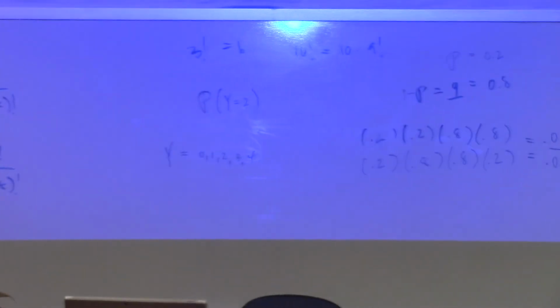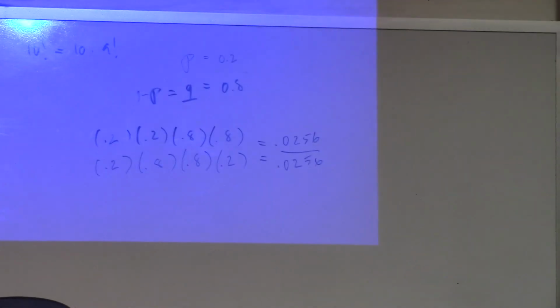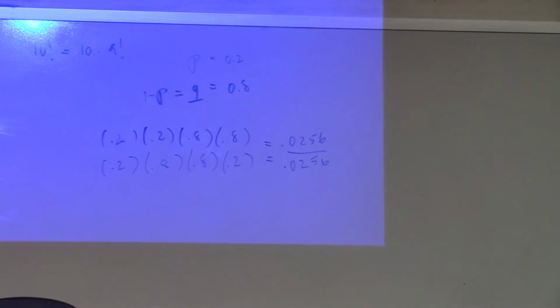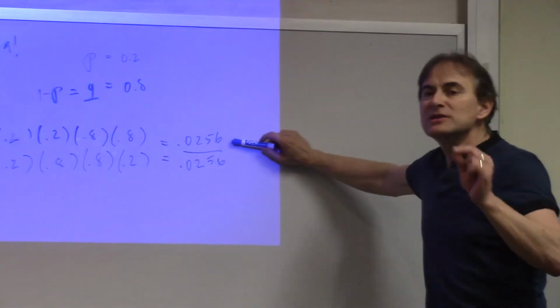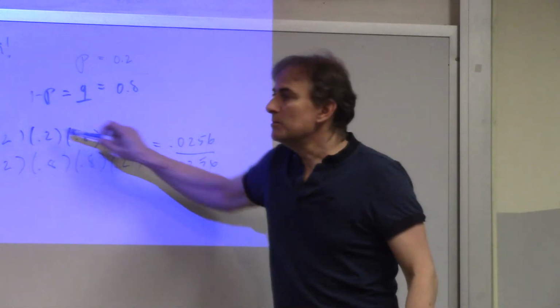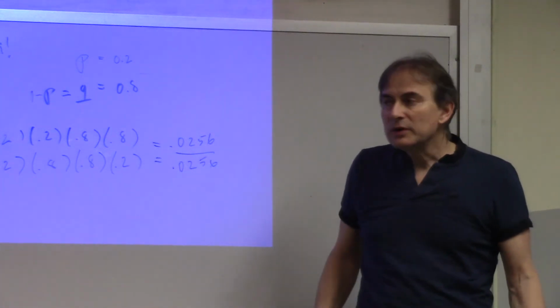And more generally, if I try n times and I have k successes, how many of those? Because anytime I have k successes out of n attempts, however I order the successes and the failures, the product is the same. So therefore the probability must equal this probability times the number of times these numbers can be rearranged.